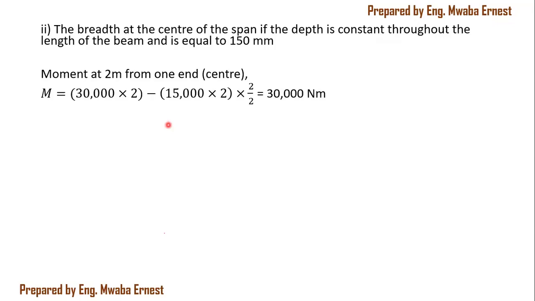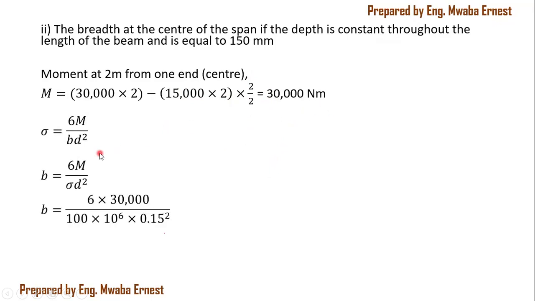So the center of 4 meters is half of 4, which is 2. So the force, 30,000 multiplied by 2, minus 15,000 by 2 times 2 over 2, just ensuring that we follow the nature of the UDL. Our answer is 30,000 Newton meters.